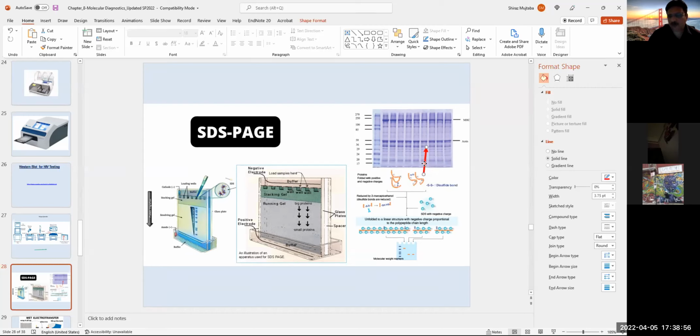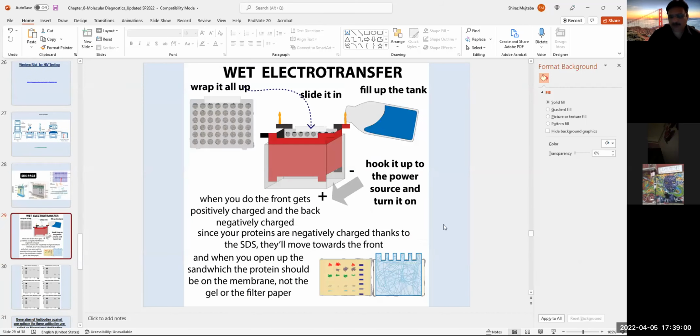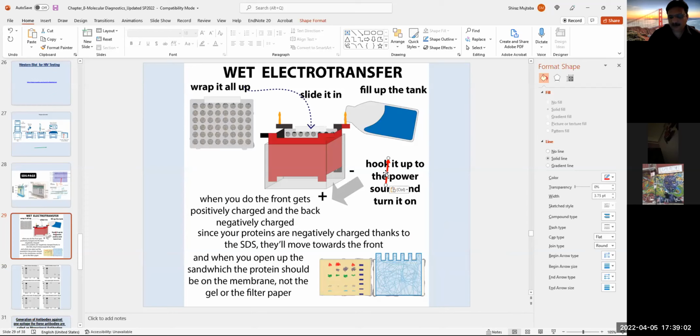Once you have your protein on this gel, the protein is transferred onto a membrane. And then this membrane is treated with antibody. So Western blot is a step higher than ELISA. I repeat, Western blot is more specific than ELISA. In ELISA, it's quick. You can screen 96 patients because there are 96 wells. Western blot is more sophisticated.